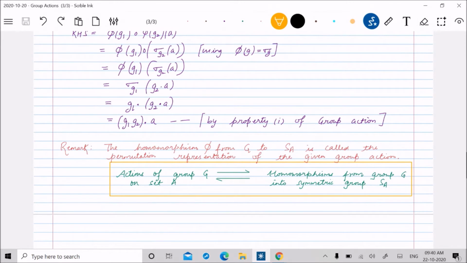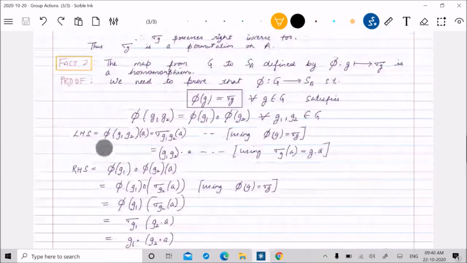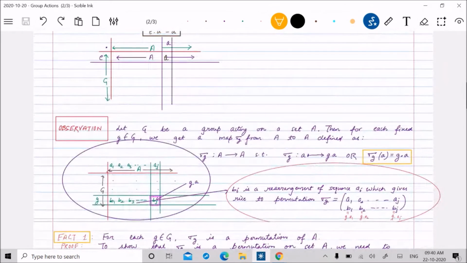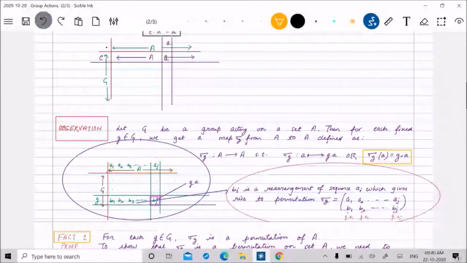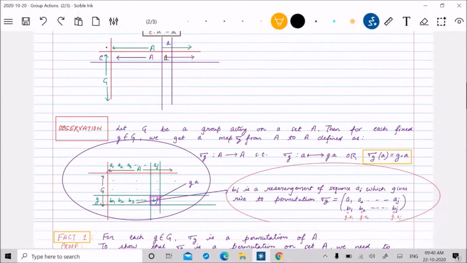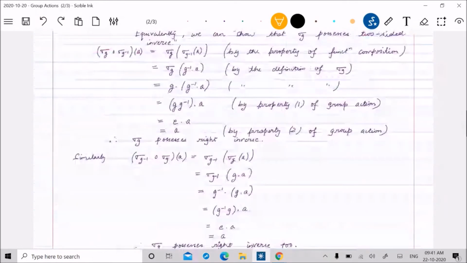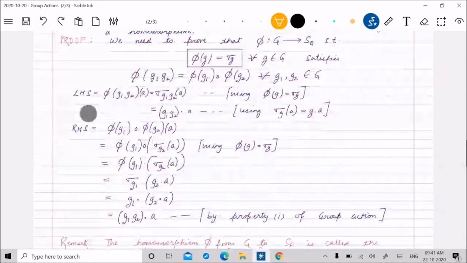I'm repeating my question. Capital G has 4 elements, so if you imagine the composition table of group G, the left hand side will have 4 elements, and set A has 3 elements, so this top row will have 3 elements, right? How many permutations will be there?